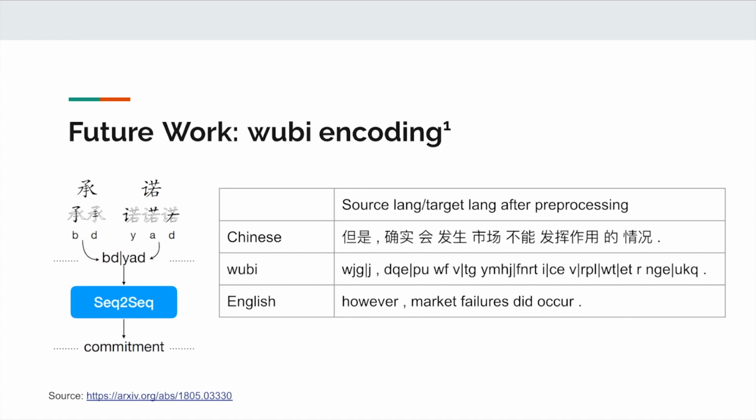So the authors of the paper Character Level Chinese English Translation proposed that converting all Chinese characters to Wubi and using Wubi as the input of the model will produce a slightly better result. And also using Wubi will largely decrease the size of the token vocabulary to only containing 128 ASCII characters.